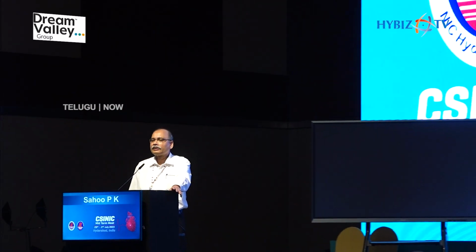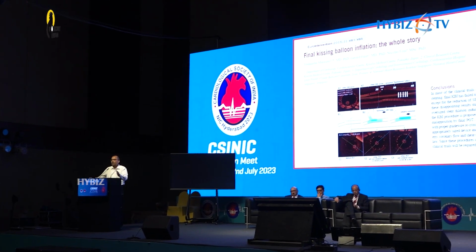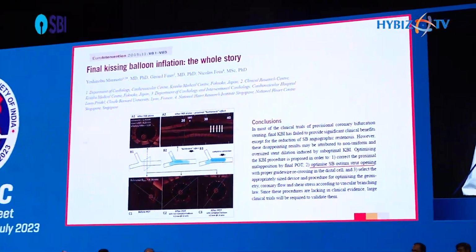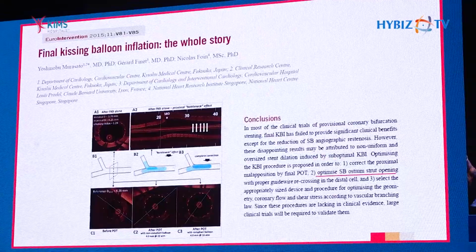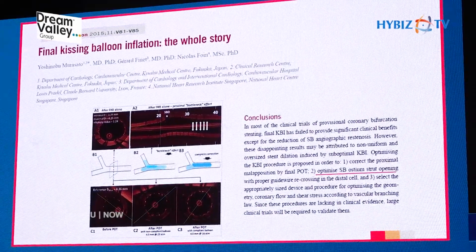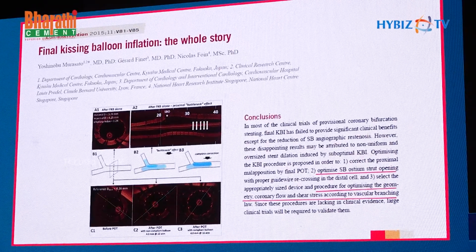Let us see what the studies say. If you come to 2015, when the final kissing balloon inflation story came, it was basically to optimize the side branch strut. That is why kissing balloon dilatation came into being. But as we went further, we saw that the geometry had to be changed so that the coronary flow would be better.